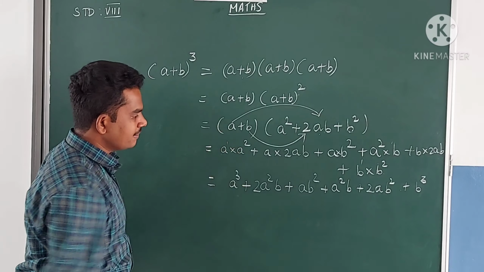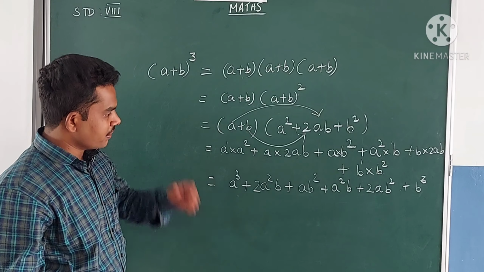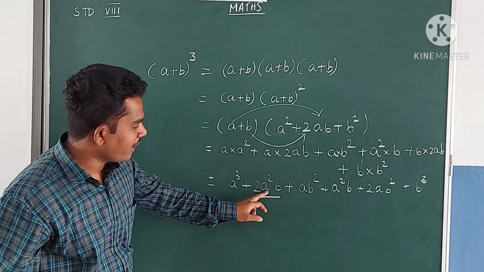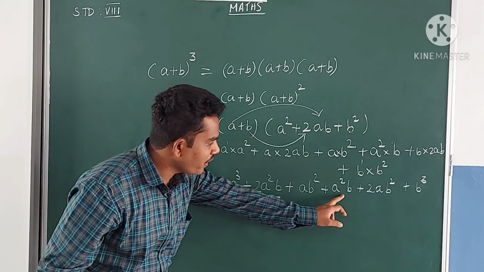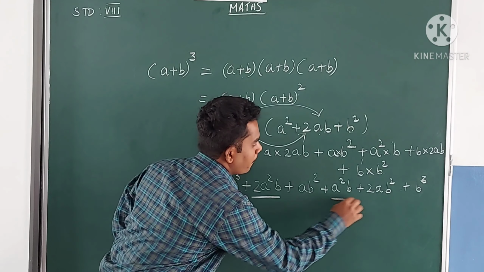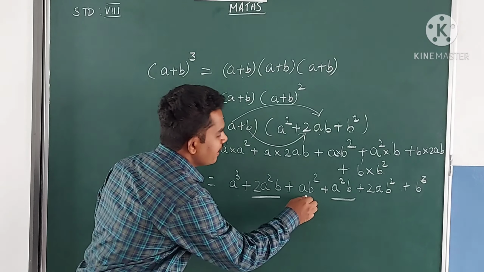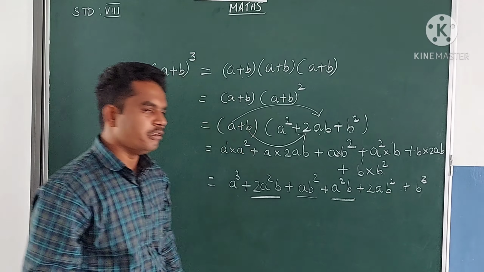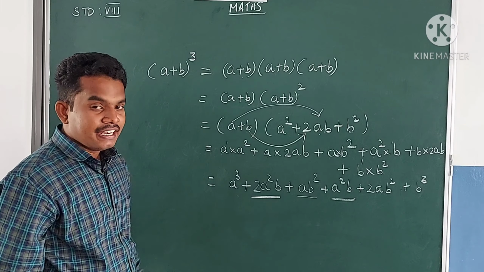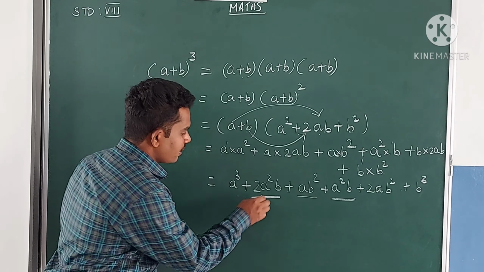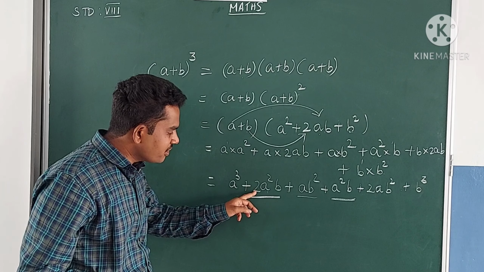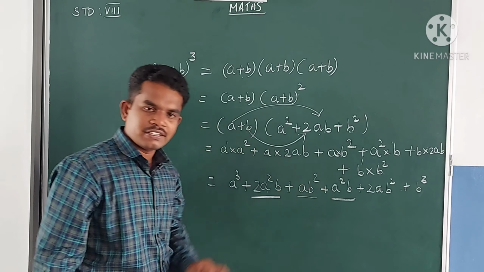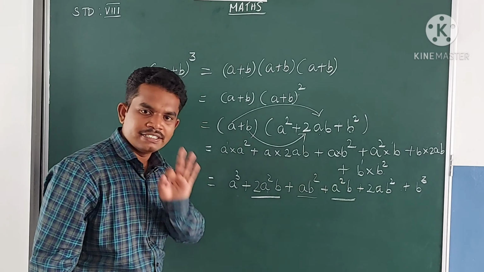So this can be written as, first you observe the terms. Here a square b term, here also a square b term. Next, here ab square term, here ab square term. Observe the like terms only. First a square b, the coefficient is 2. Here the coefficient is 1. So 2 plus 1 is what? 3.